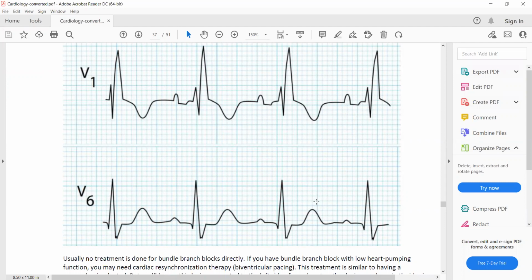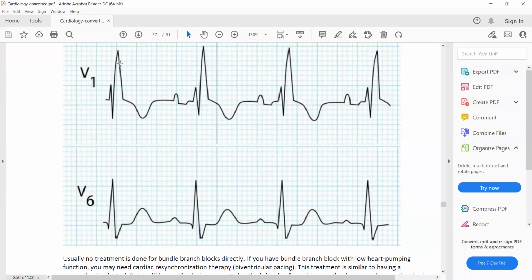What do you mean by RSR pattern? RSR pattern is, as I told you, that the first positive wave is R wave, and the first negative wave is S wave. So you can see RSR pattern in V1. This is R wave, right? This first, the smaller one, the first positive wave, is R wave, and then this is S wave, and then again there is another R wave.